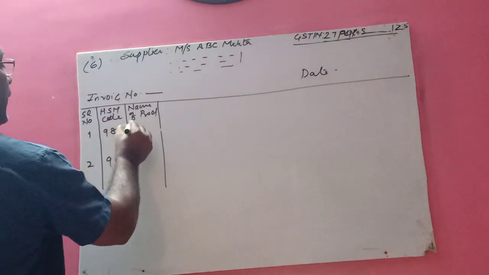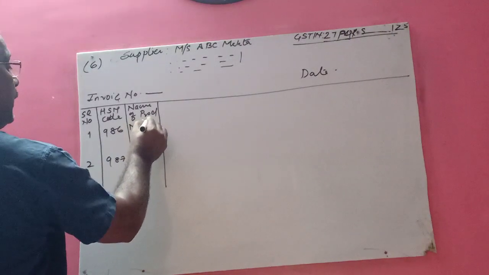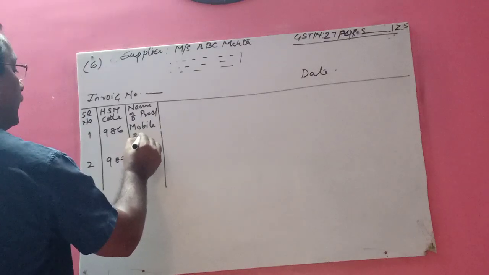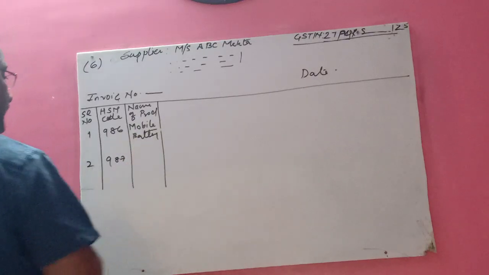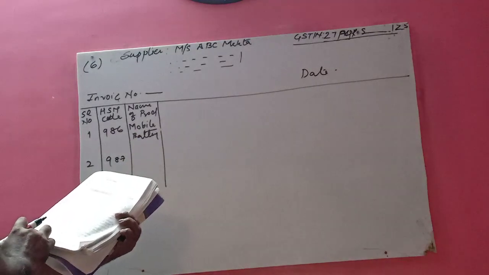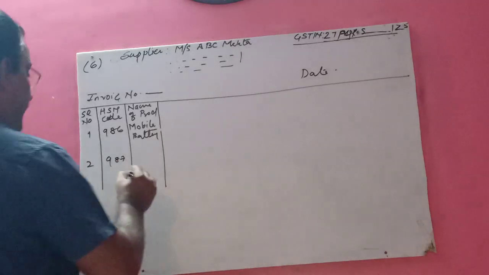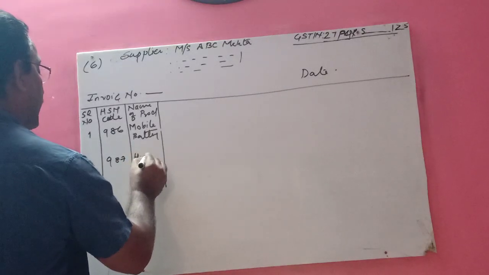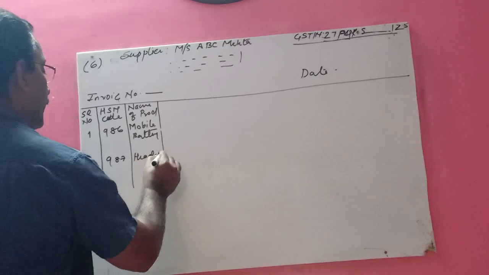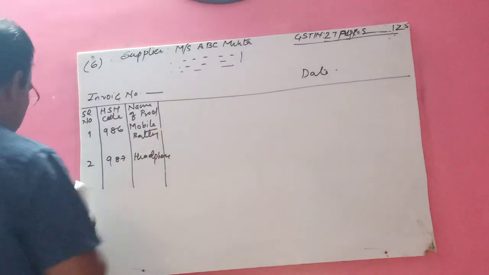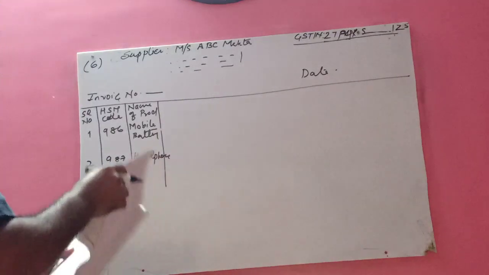So write here mobile battery, and then what is taken? Headphone, right? Second is headphone. Next you have the rate.